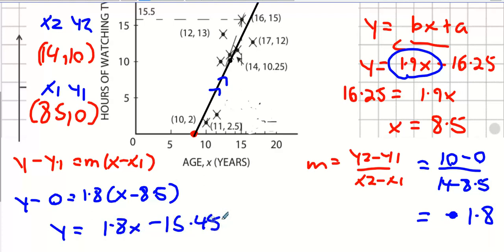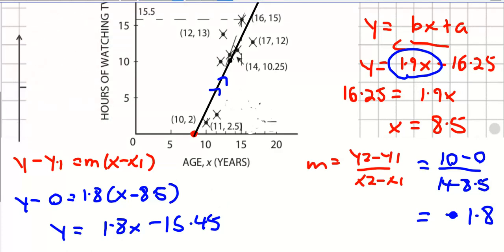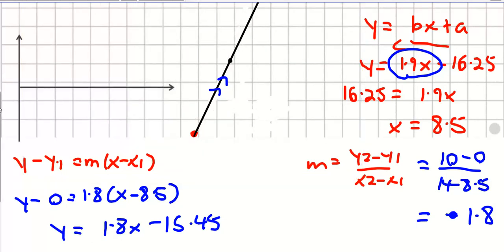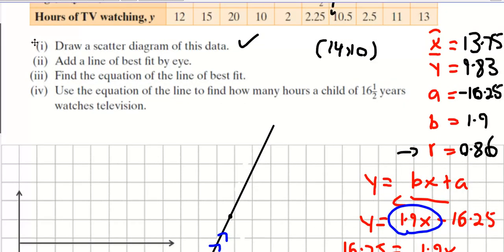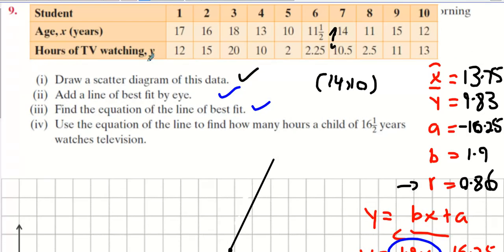Yeah. Okay, that's brilliant. Now, I can go back up to my questions now. I can see what I might be asked to do here. Find the equation of line of best fit. Done. Use the equation to find out how many hours a child of 16 and a half years old watches TV. That's the x-axis, isn't it?